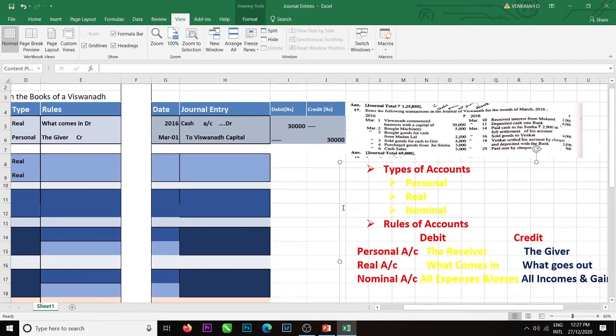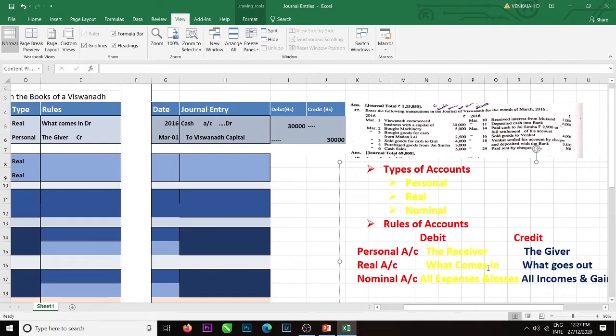Right. So the rule for personal account, real account is: what comes in debit, what goes out credit. Machinery is a real account. When I purchase machinery, machinery is coming in.